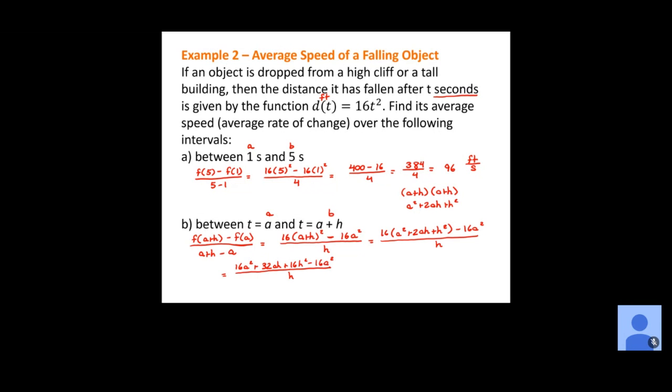Now, when we combine like terms here, what's going to happen? Yeah, the a squared terms are going to cancel, right? We have a 16a squared minus 16a squared. Those terms go away. And now if I want to simplify what I'm left with, what would I want to do next?